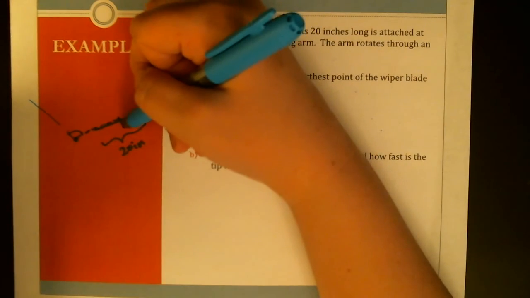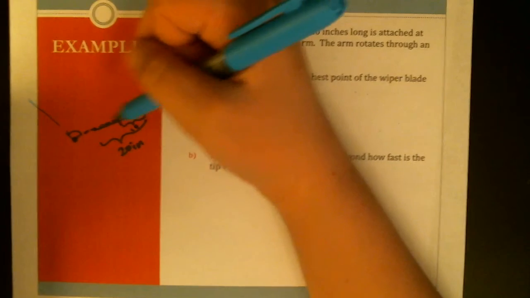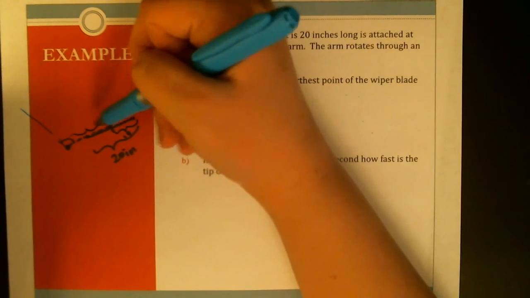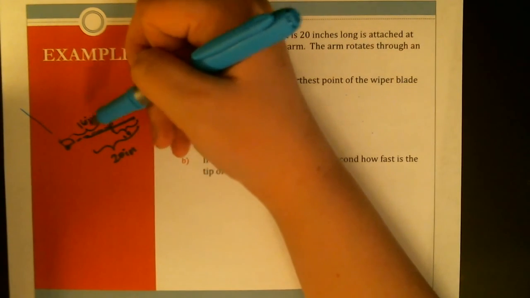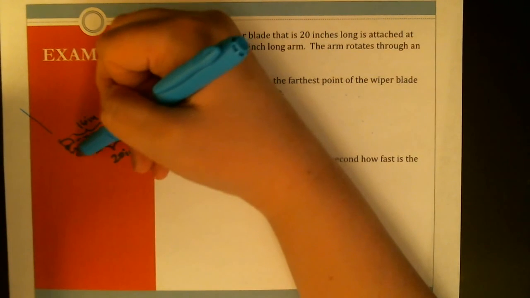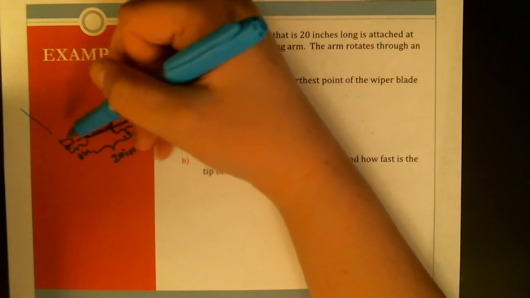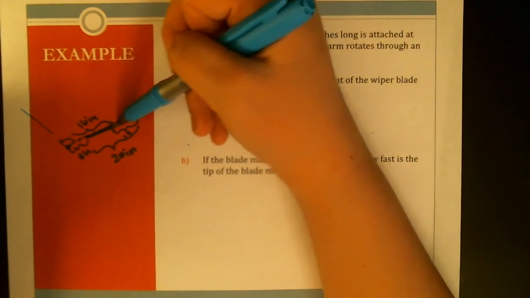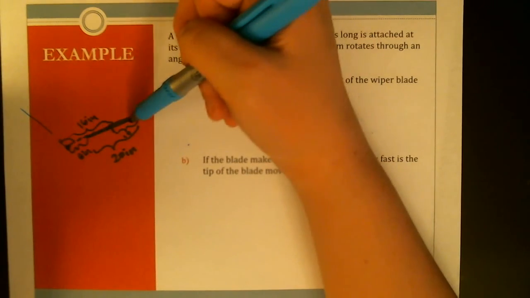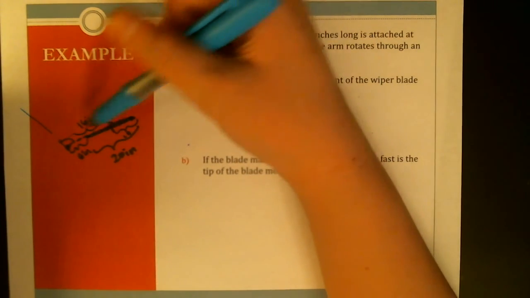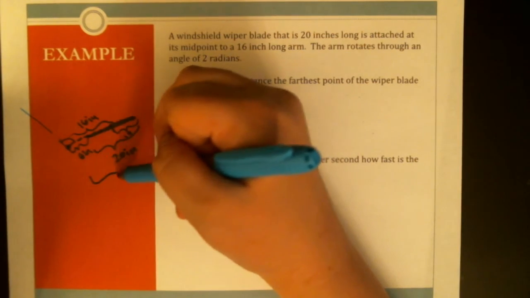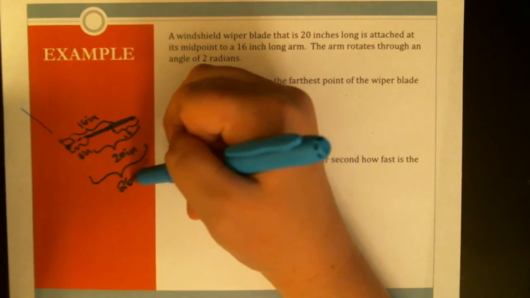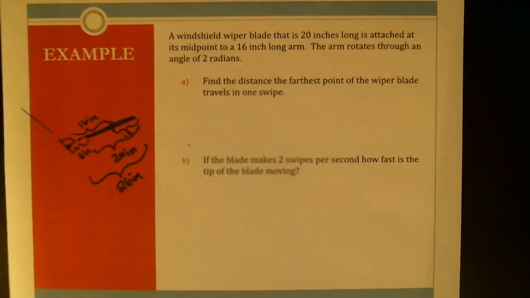So this is 10 inches and this is 16 inches. I don't think we'll need this, but there's this 6-inch gap here that it's not hitting. So the entire length of this thing is 26 inches. If all that mess makes sense, I hope it does.